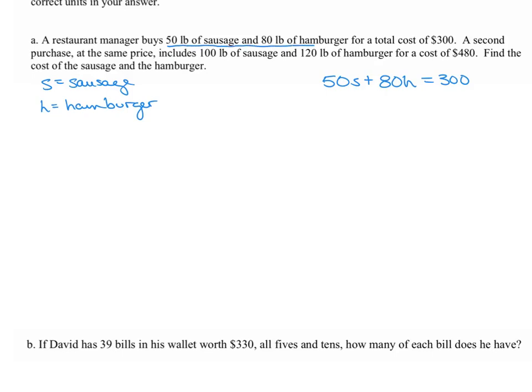We're going to cut this into two sentences. The first one, we have 50 pounds of sausage and 80 pounds of hamburger. We're going to add up the cost for both of those, which will equal our total cost of 300. Okay, second sentence, it says, a second purchase at the same price includes 100 pounds of sausage and 120 pounds of hamburger, totaling $480.